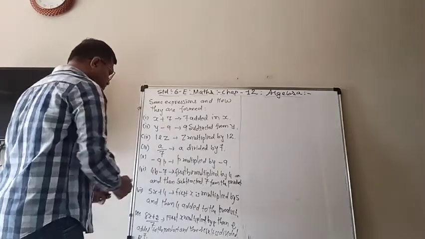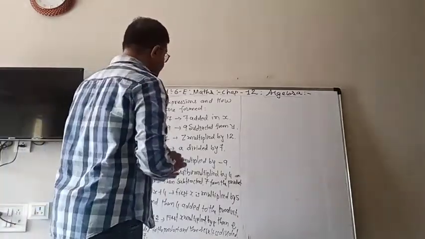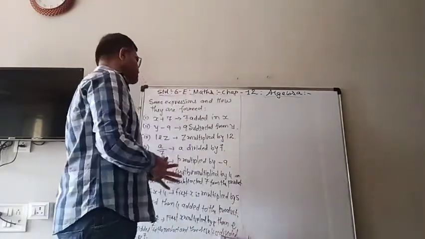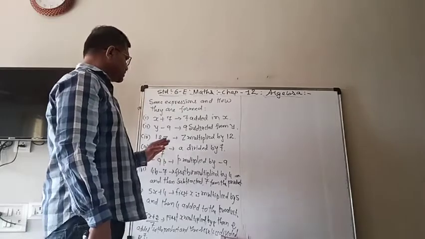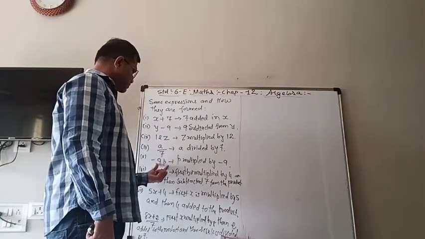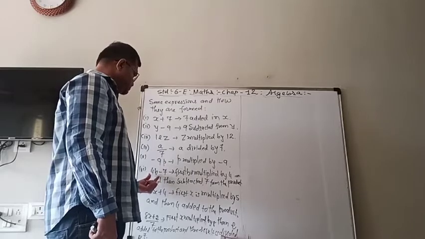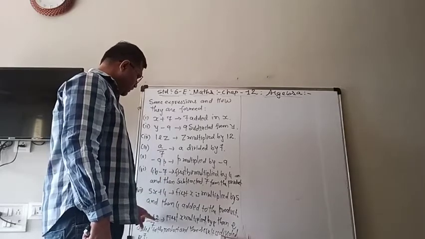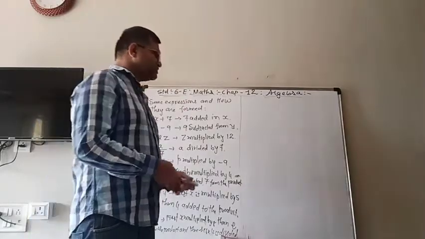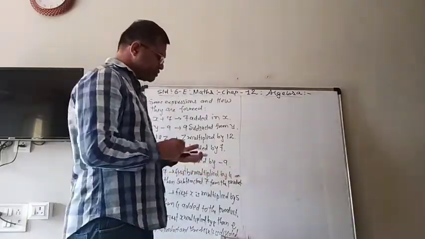So more complex expressions can also be formed. Whatever we do, first we have to check what is there with the variable. Multiplication is first and then whatever is added, or the denominator. So we have to go step by step.